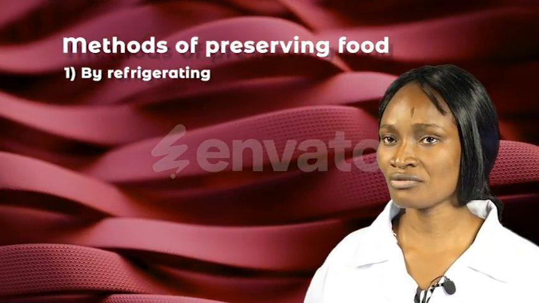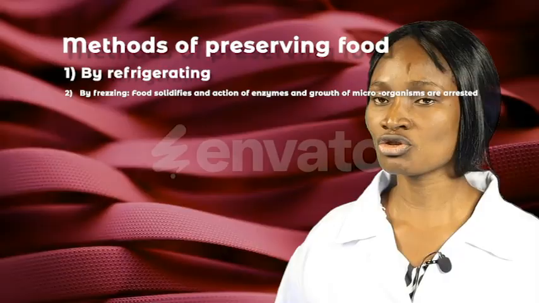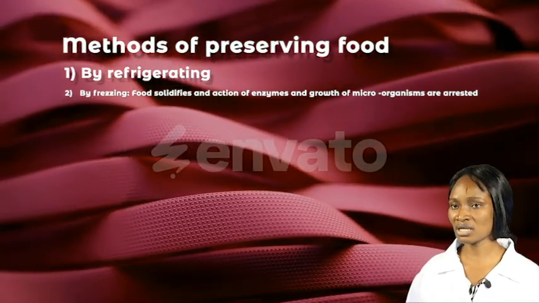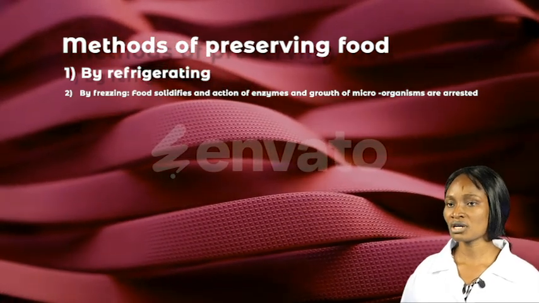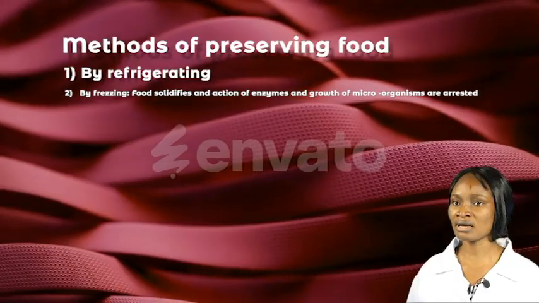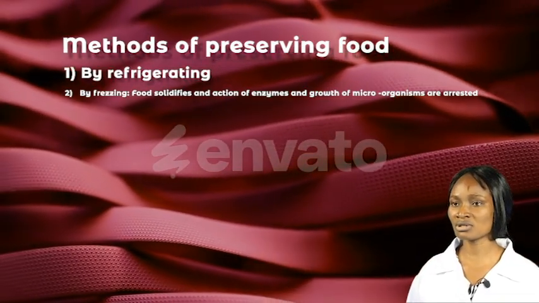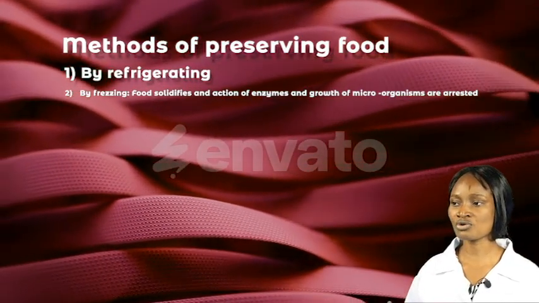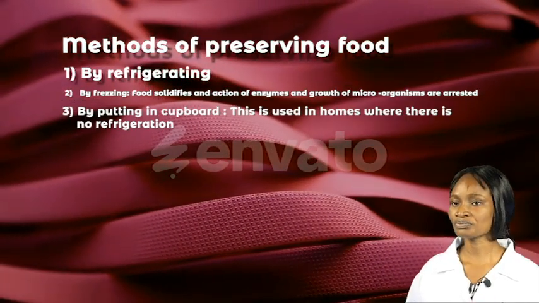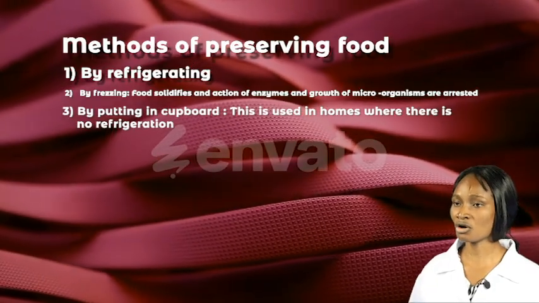That is by refrigerating. Then 2, by freezing. That is when you put in freezer compartments. When you freeze, the food solidifies and actions of enzymes and growth of microorganisms are arrested. So there won't be growth of microorganisms in it. And 3, by putting it in cupboard.